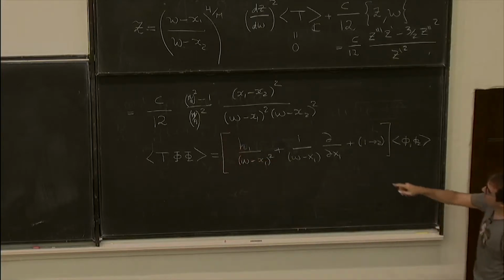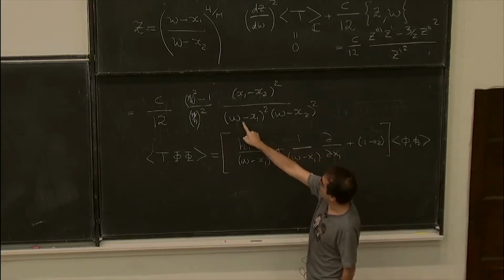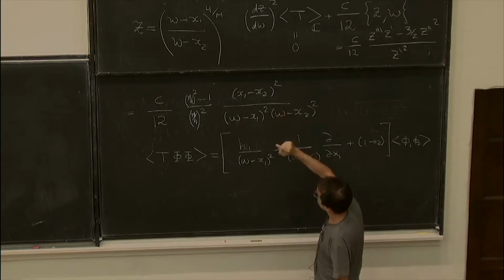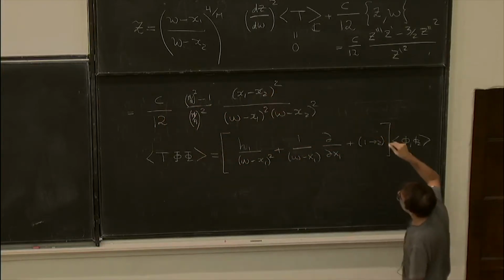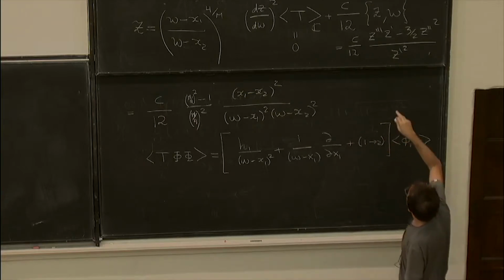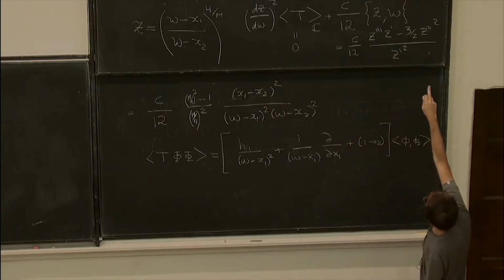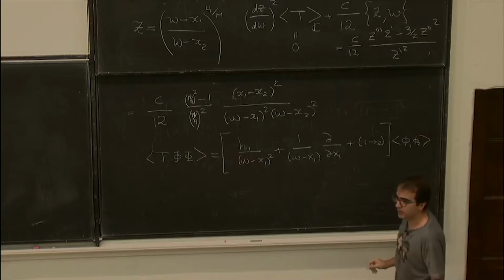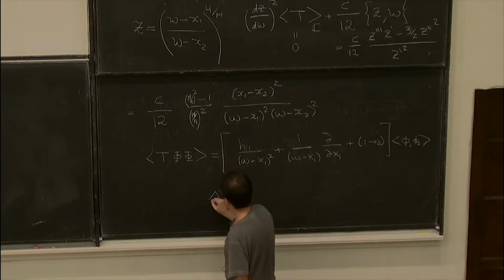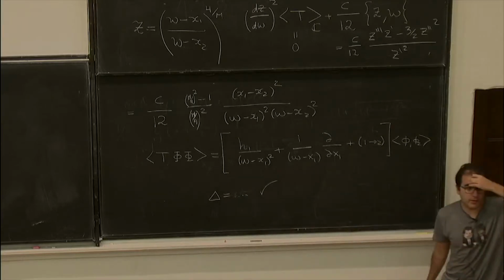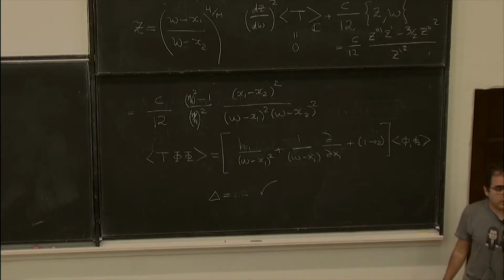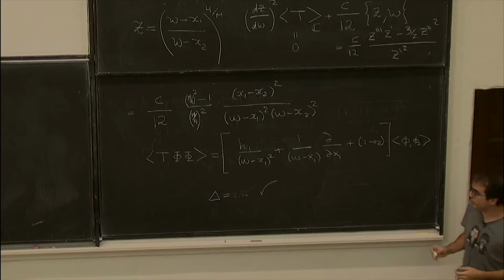And now you read off the double pole. You see, the double pole when W is x1, this term cancels this term, and I get this. And this is almost what I wrote up there, except for a 4 over m, that is exactly that 4 over m over there. So we get delta equal to what I wrote there. So that's how we compute the dimension of these operators.